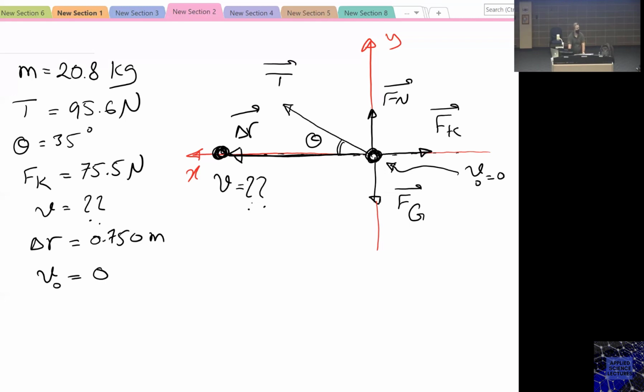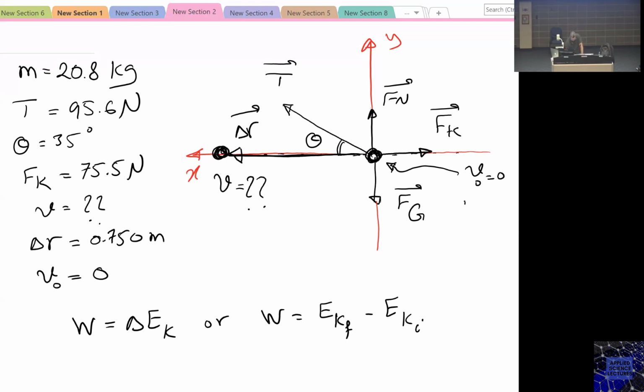So what's the work energy theorem? Work energy theorem says that the exerted work equals the change in the kinetic energy, such that it is the final kinetic energy minus the initial.